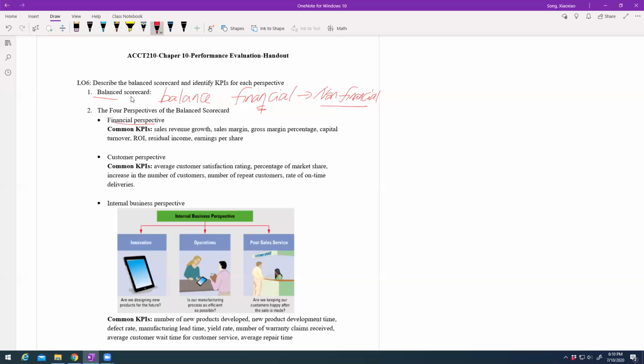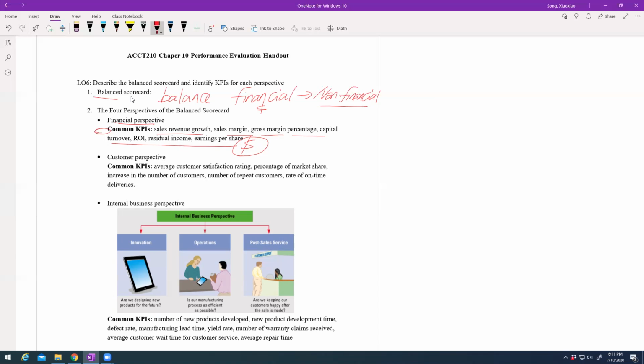We use sales revenue growth, sales margin, gross margin, everything with the dollar amount. Those are the financial perspective. If I ask you whether sales revenue is a financial perspective, you need to know it is. So make sure you know the concept and also those examples. I will test you just from the textbook. If the textbook says earnings per share is a financial perspective, you are expected to know these parts.